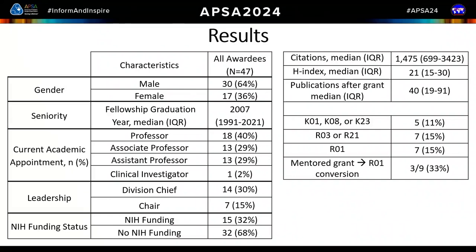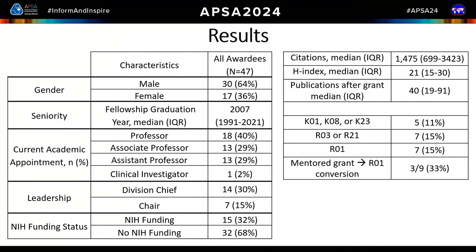Looking at further metrics of their success, we saw high numbers of citations, high H-indices, a median of 40 publications following the grant, and K01, K08, and K23s were about 11%.